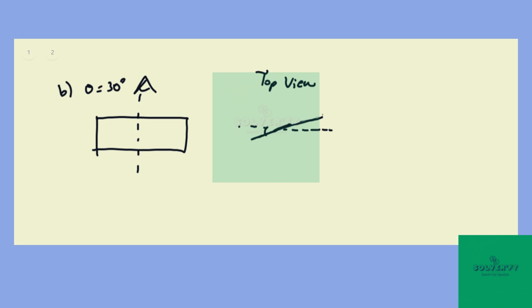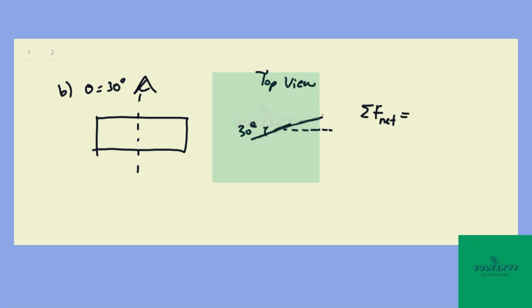So this angle is going to be 30 degrees. What is that going to change? We're going to see. Force-wise, F net is not going to change anything.